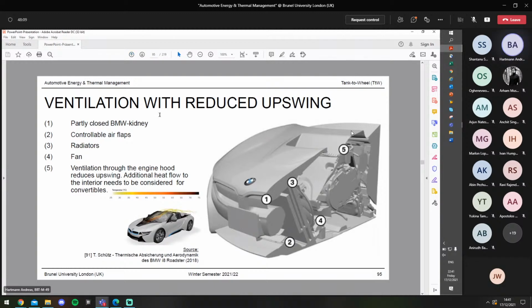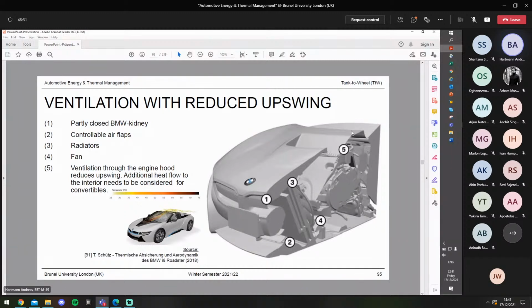A very important, or very interesting, concept is shown here. The BMW i8 Roadster has a very special design of the air mass flow path.